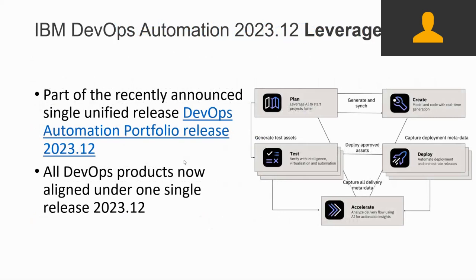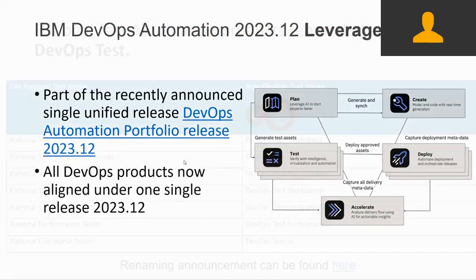So that's the accelerate box. So all that aligned under one single release.